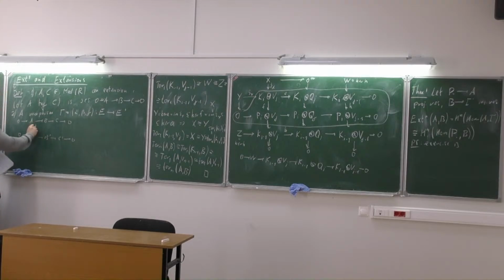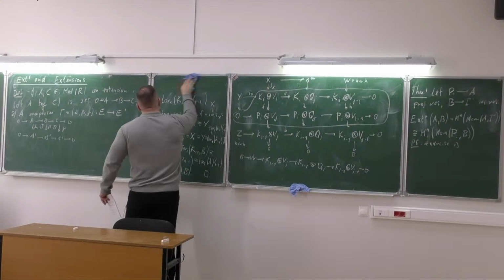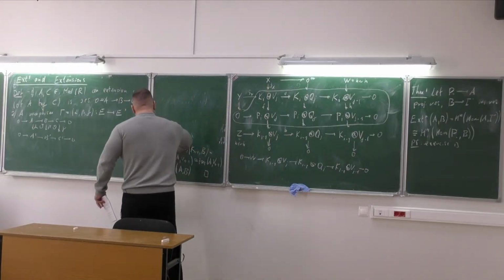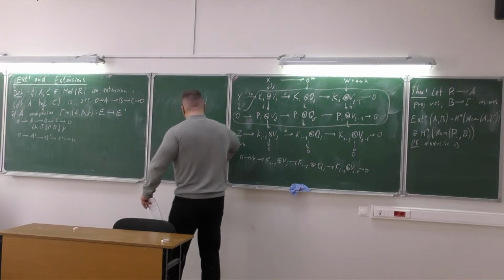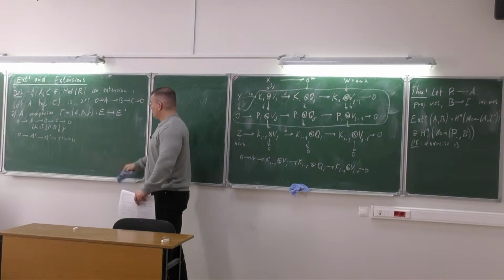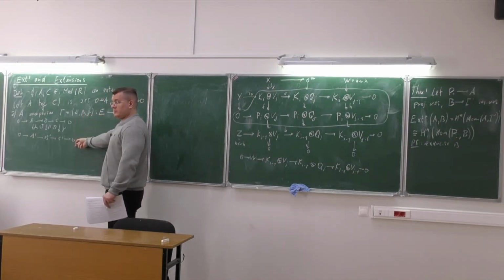And then there is map alpha, beta, and gamma. And the two squares that we see here are commutative squares. So it's a very straightforward definition of a morphism of two extensions. What are E and E prime? E is this extension, and E prime is this extension.